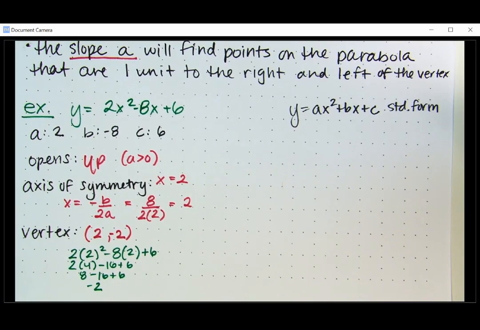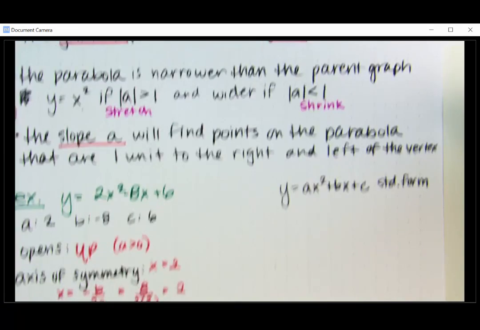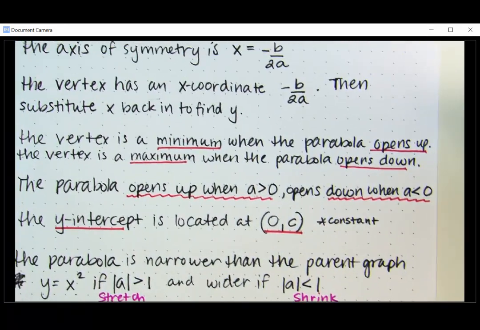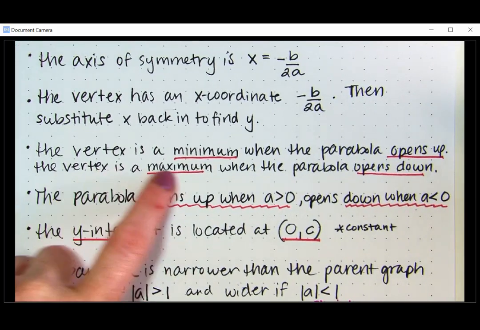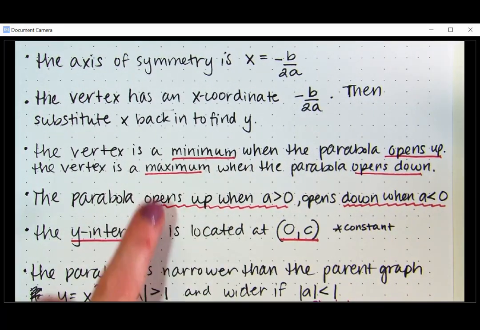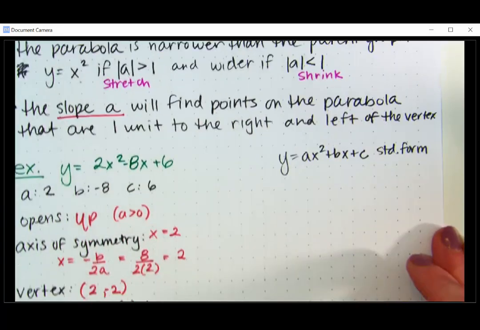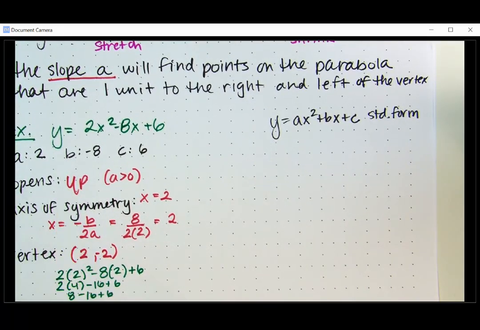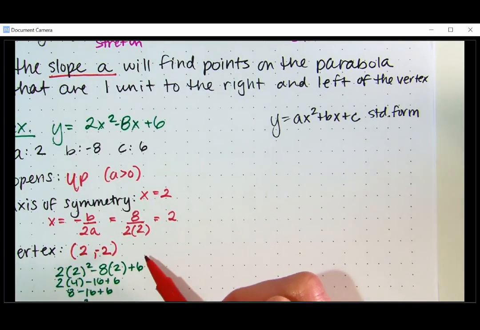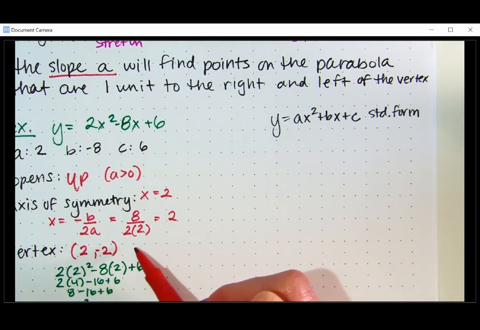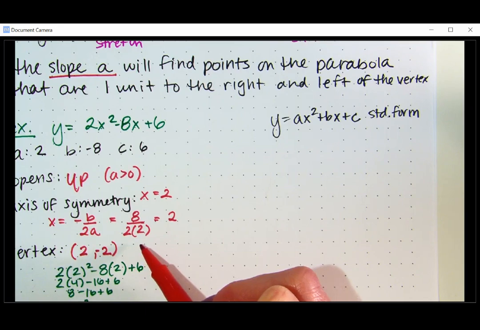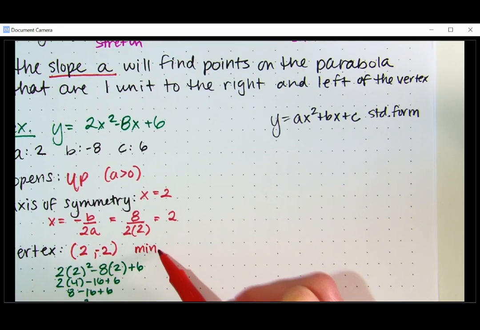And if you look up above, the vertex is a minimum when the parabola opens up, maximum when the parabola opens down. We already know that it opens up, so this is going to be a minimum, right?